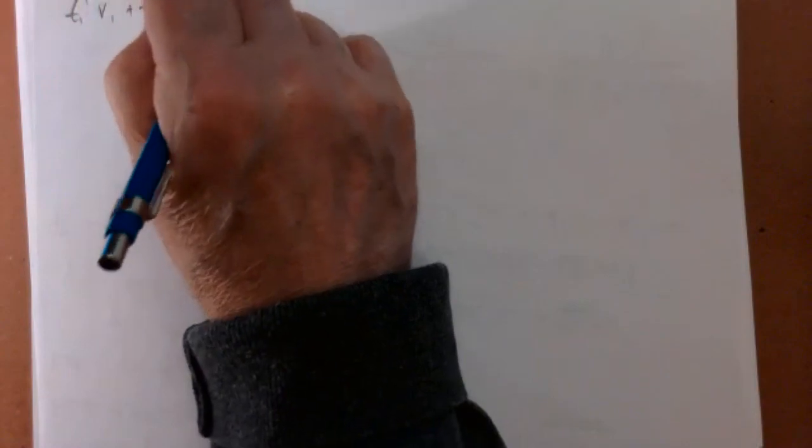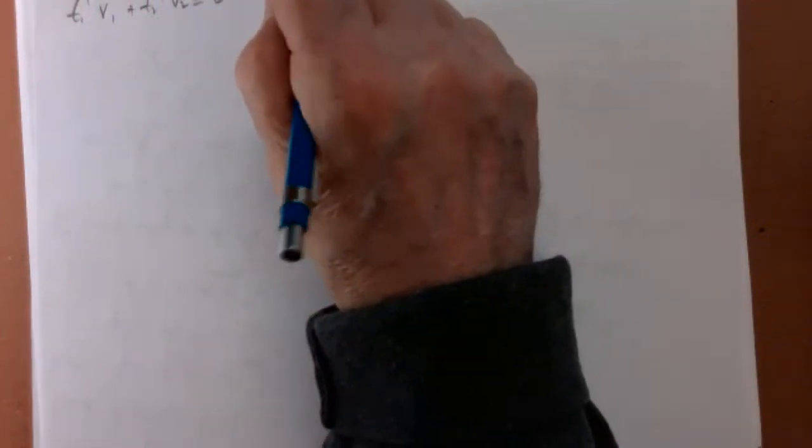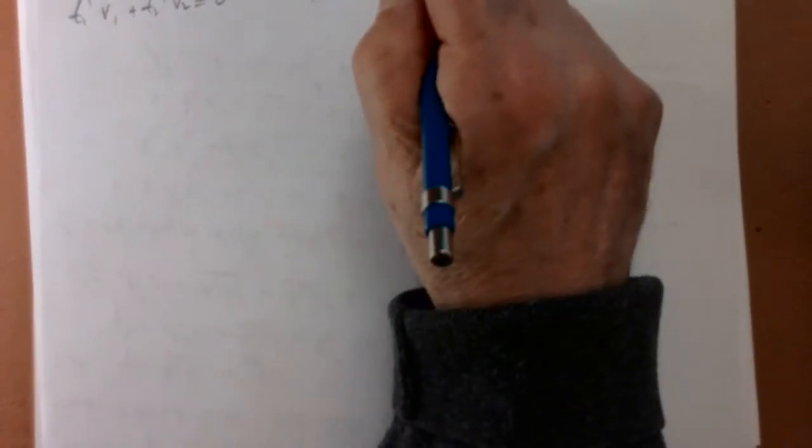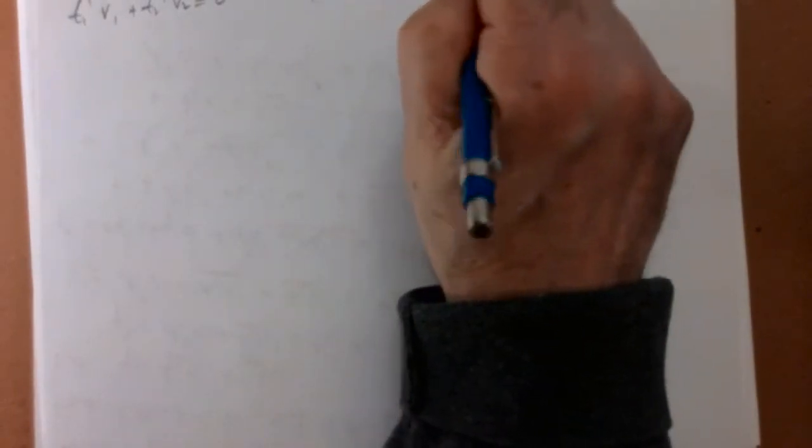So the two equations I would like to satisfy are T1 prime V1 plus T2 prime V2 equals 0, and T1 prime V1 prime plus T2 prime V2 prime equals R.